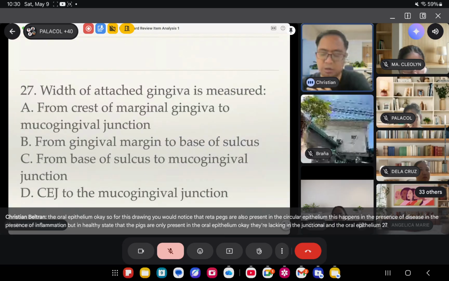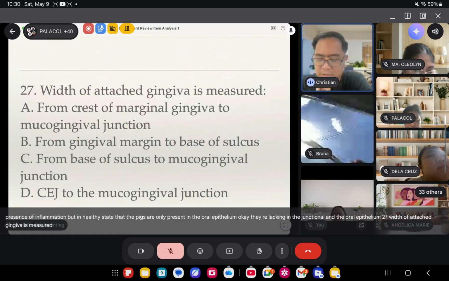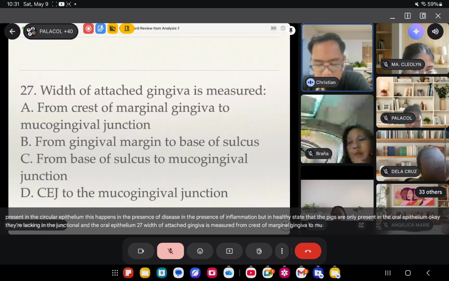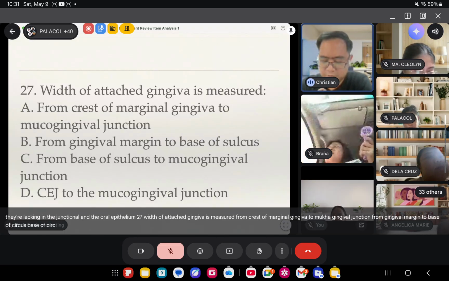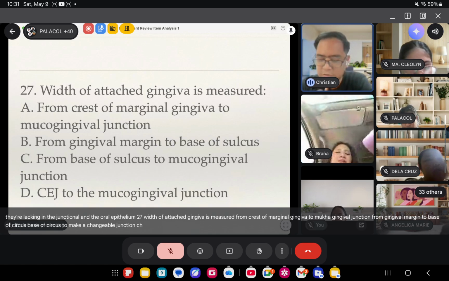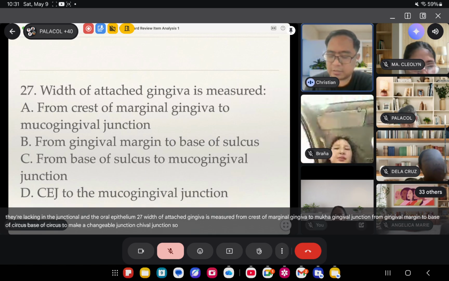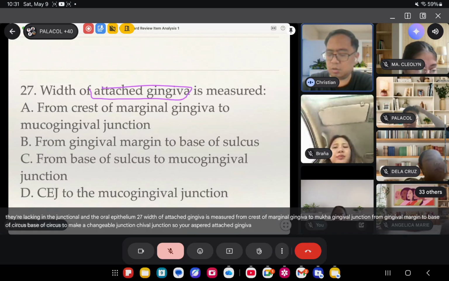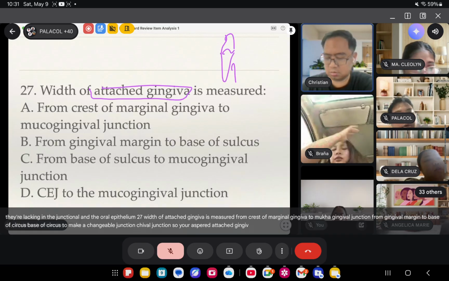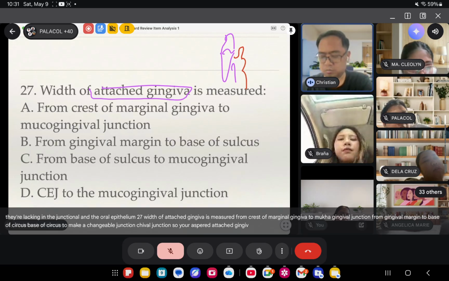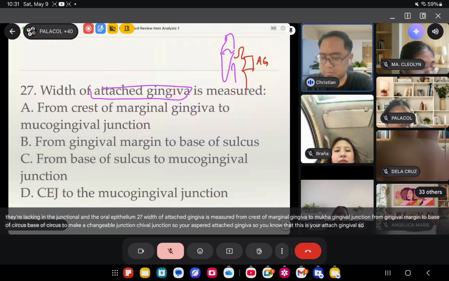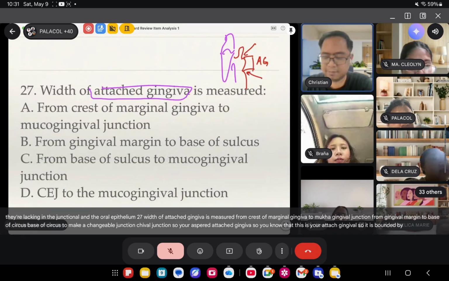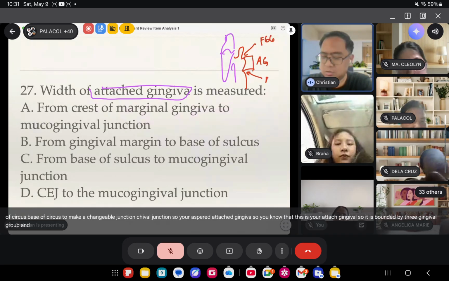27. Width of attached gingiva is measured from crest of marginal gingiva to mucogingival junction, from gingival margin to base of sulcus to mucogingival junction, CEJ to mucogingival junction. You're asked for the attached gingiva, so draw quickly. You know that this is your attached gingiva. It is bounded by the pregingival groove and your mucogingival junction.